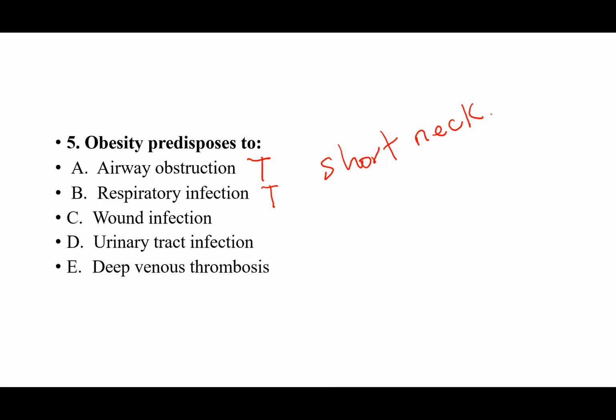Breathing is taking in air and breathing out air. So what happens to respiratory excursion in the obese individual? They have some immunosuppression, because of reduced immunity.